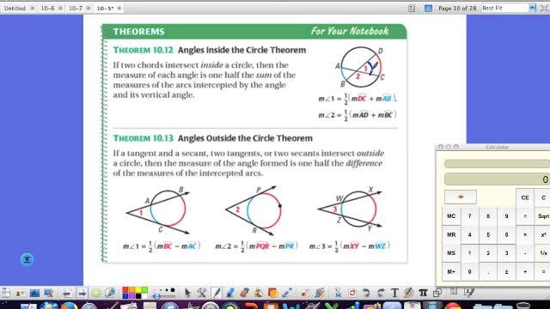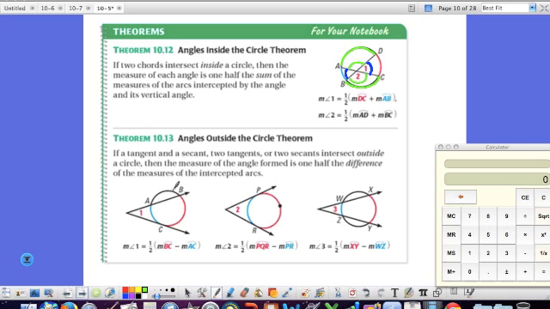And that would be the measure of this angle and the measure of that one because they were congruent. If I wanted to find the measure of angle 2, I would be taking 1/2, I would be taking AD plus BC, 1/2 of that, so basically the average, and that would be the same for those two.